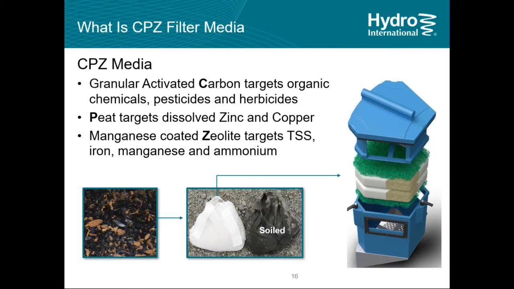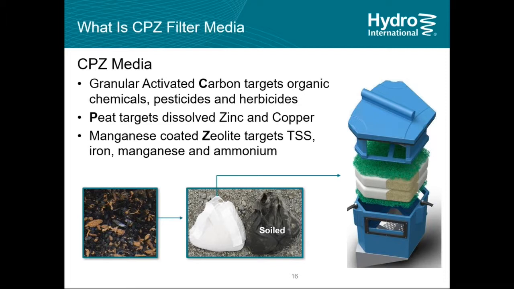And then we have zeolite, which is manganese coated, and that's really good for TSS, iron, manganese, and ammonium in the form of nitrogen, so nitrogen removal. Actually, all of these are good at TSS removal. It's just that zeolite is very porous and has a huge surface area. It's made from a volcanic ash, and it's really good at TSS.